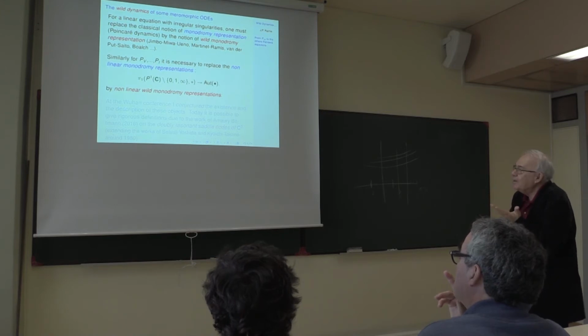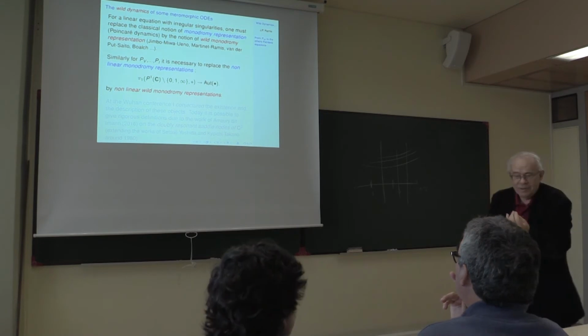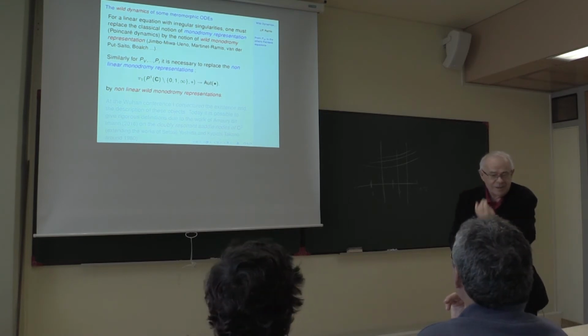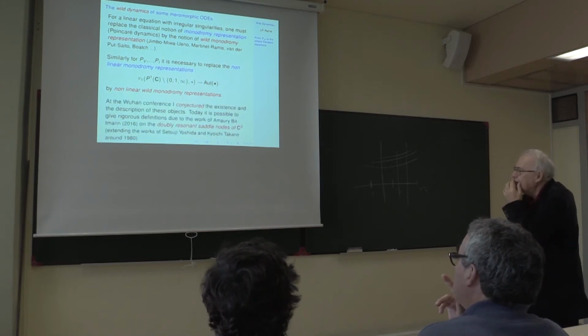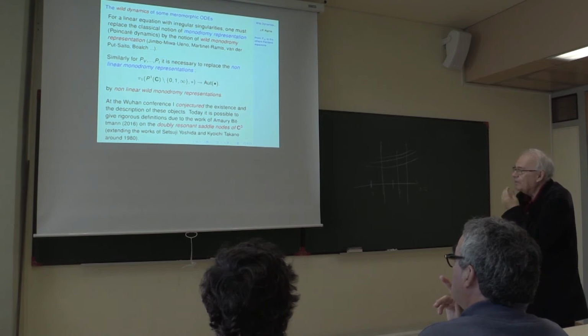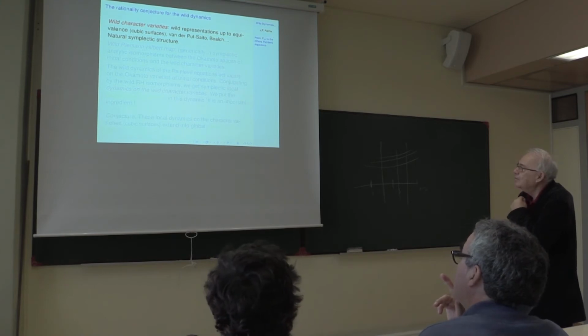And for the Painlevé equations, you will replace this representation by a nonlinear wild monodromy representation. It will make things complicated at the complicated essential singularities. Okay, and today it's possible to define that completely rigorously using the work of Amaury Bittmann. I will explain that tomorrow.